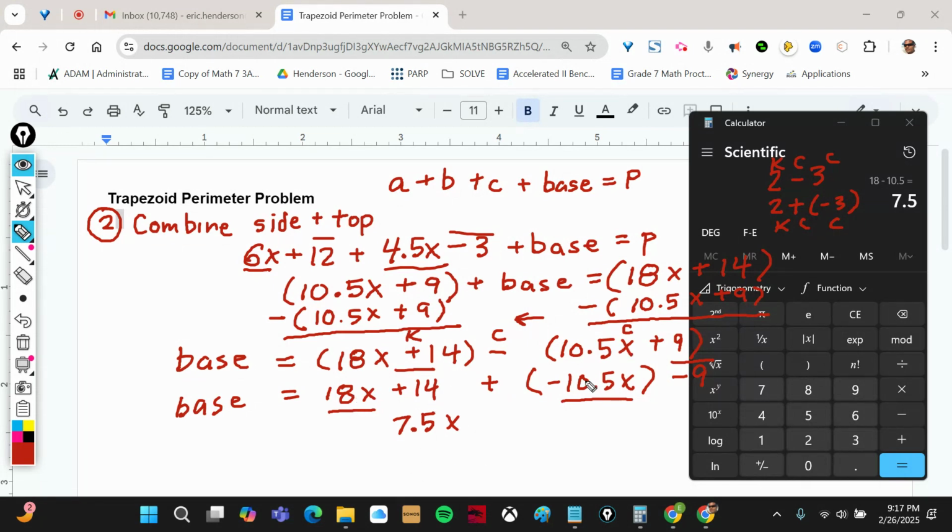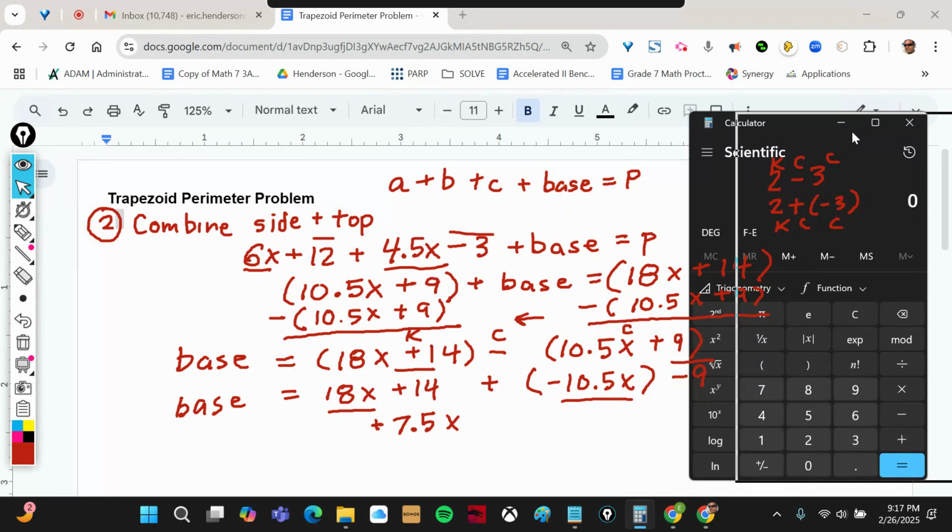There's two numbers. The largest is the 18, so this is going to be a positive. Let me just put that there for clarity. Clear. All right, let me move this over.